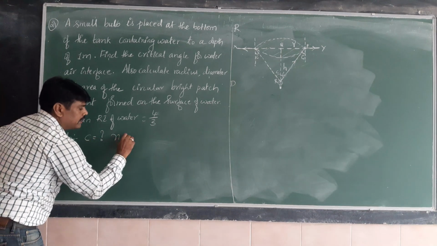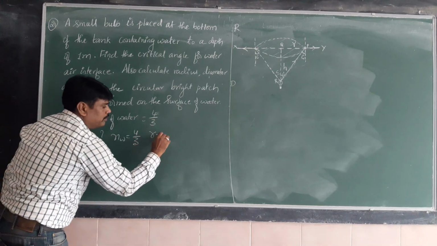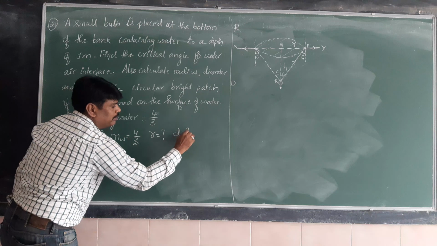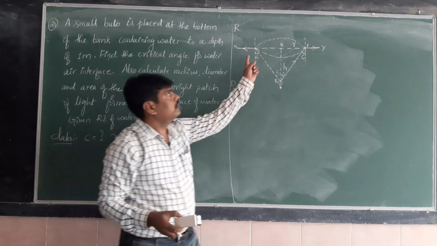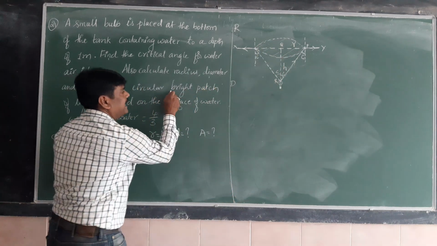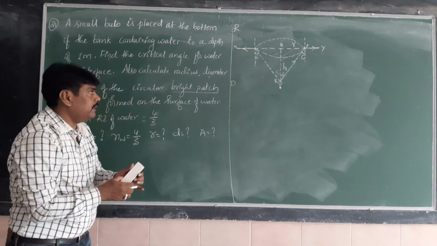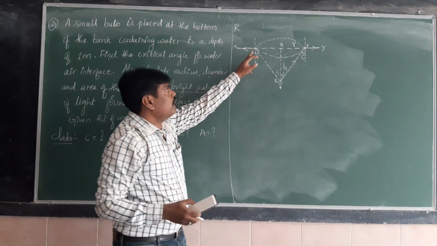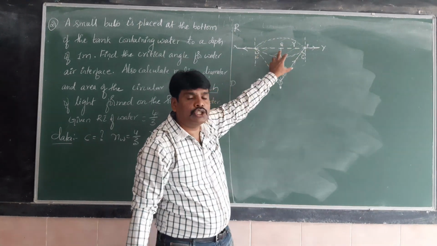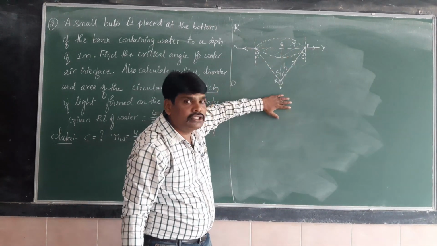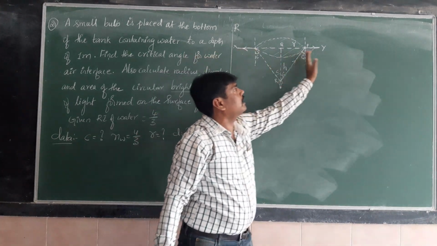The refractive index of water is given as 4/3. The radius has to be calculated, the diameter has to be calculated, and also the area of the circular horizon, where the bright patch, this is the region I mark, gives the bright patch, because beyond this patch there is no light. That's why only this area should occupy light, since it undergoes total internal reflection. From here onwards it undergoes total internal reflection.